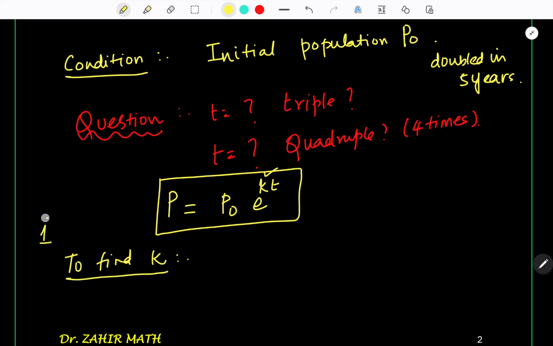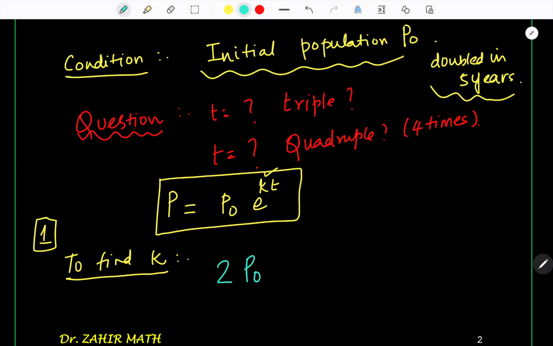Step number 1: to find k, we are going to use this condition. Initially the population is doubled, so 2 times p naught, which is p equal to 2 times p naught, at t equal to 5 years.